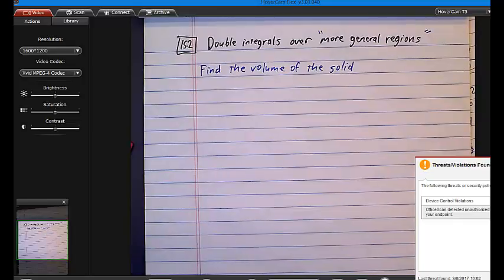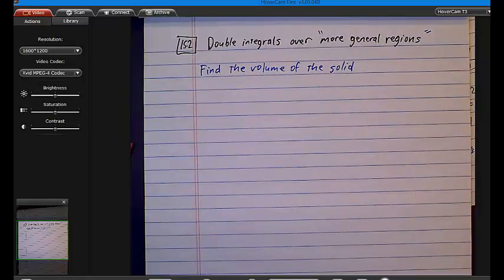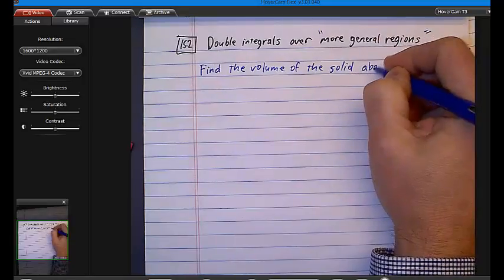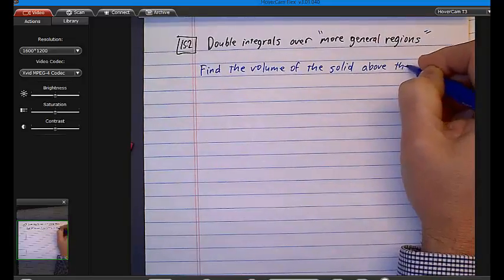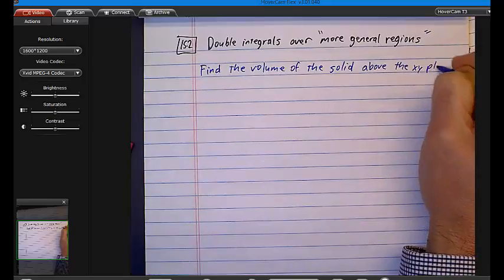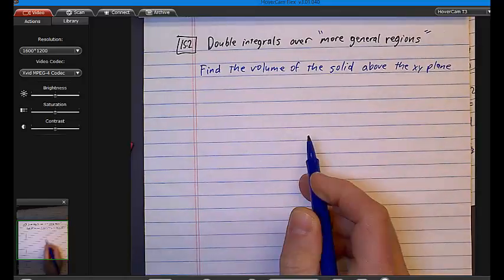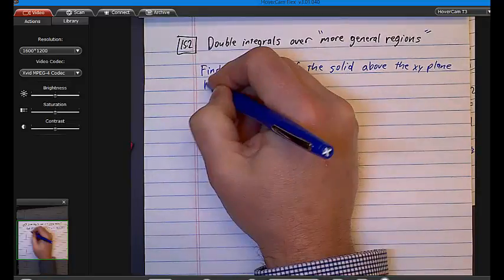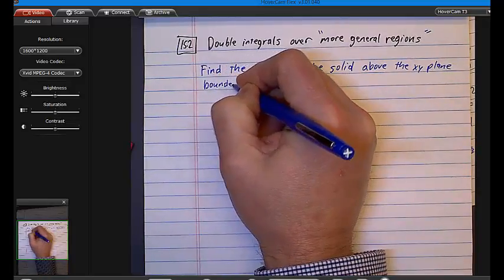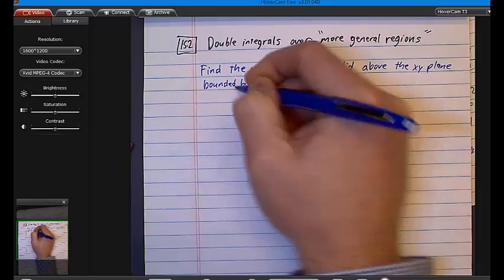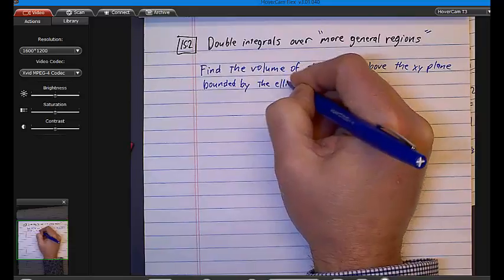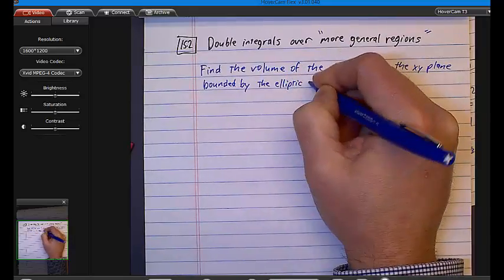Again, above the xy plane. That's always what we're talking about, right? Bounded by, I'll give you the names of these things. The first one's called an elliptic paraboloid.